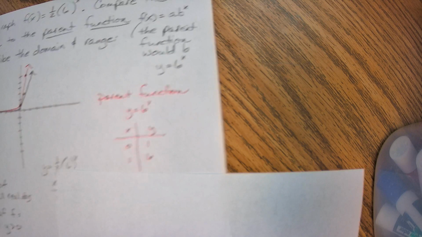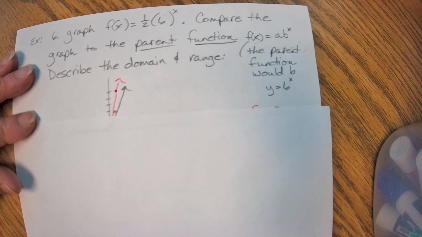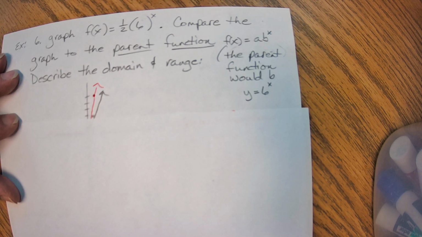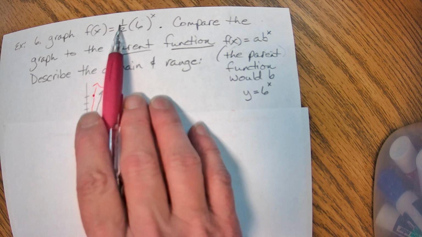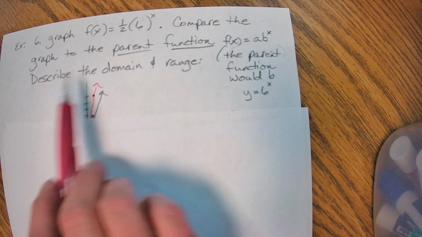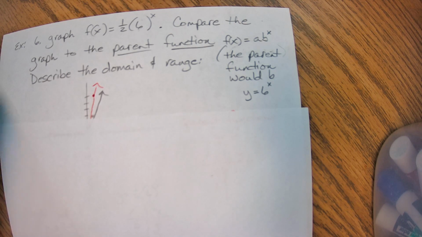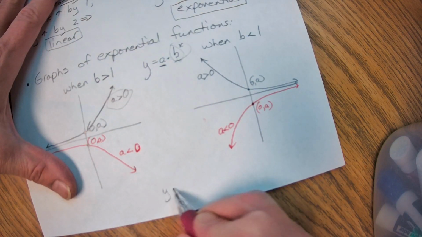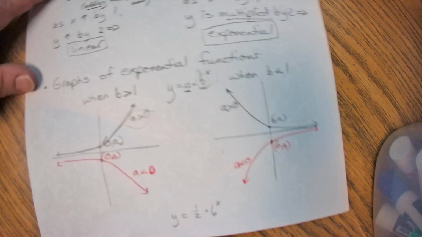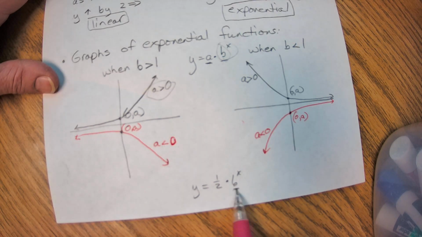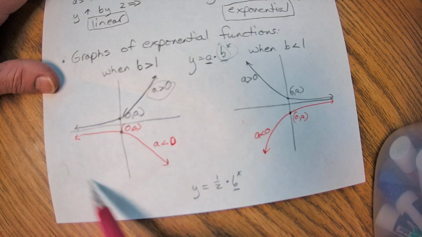So let's look at one of the problems from your worksheet, number 6. We want to graph f of x equals 1/2 times 6 to the x. First of all, let's go back to this: y equals 1/2 times 6 to the x. This is b, and it's greater than 1, so I know it's going to be one of these graphs.